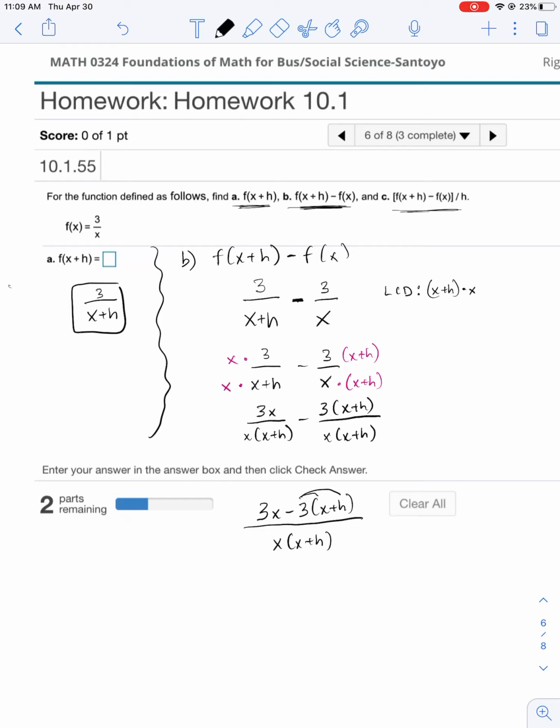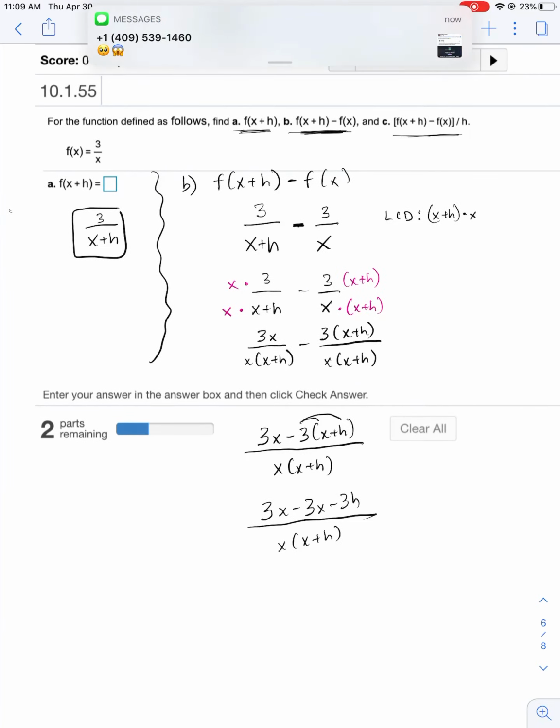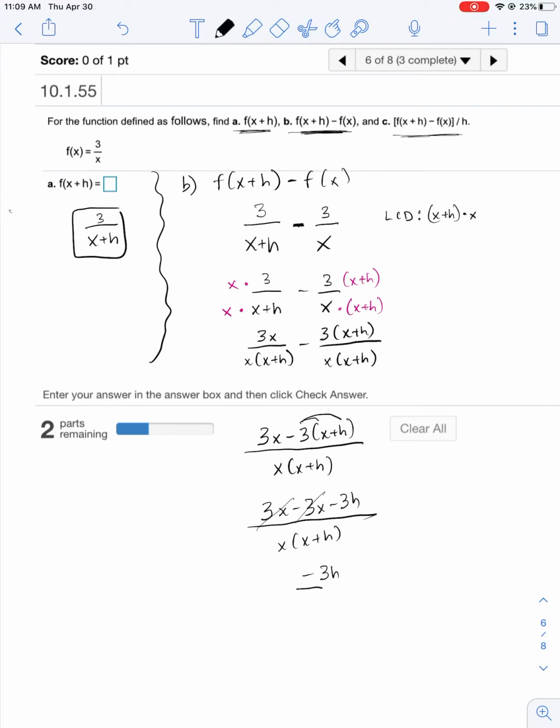From there, we can distribute: 3x minus 3x minus 3h over x times x plus h. We see that we can cancel 3x minus 3x. So we're left with negative 3h over x times x plus h.